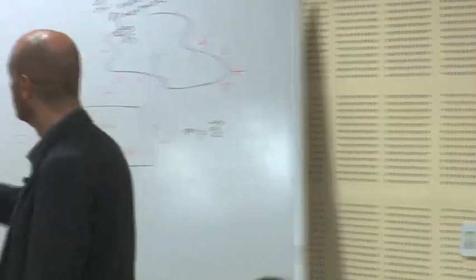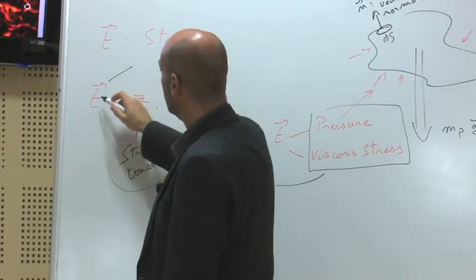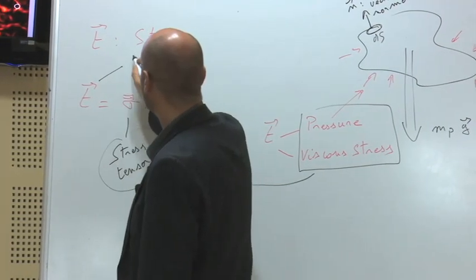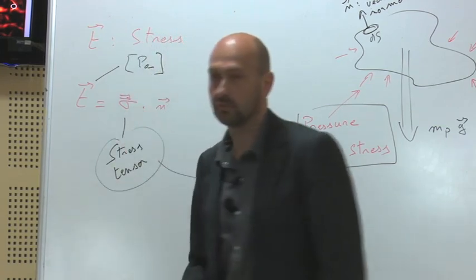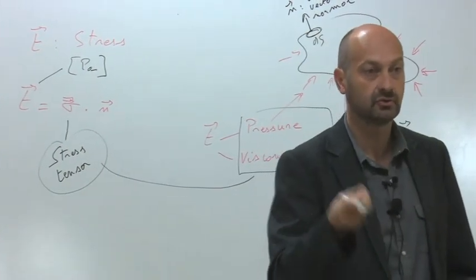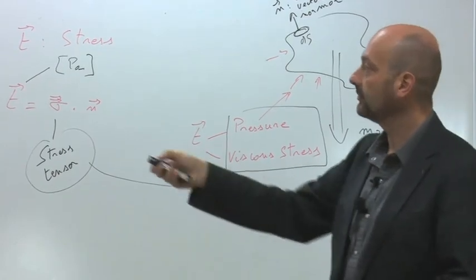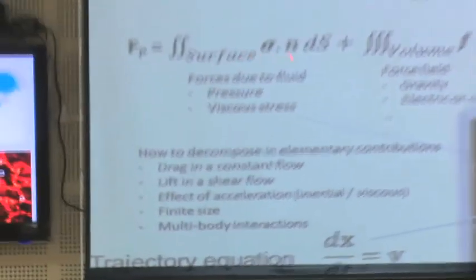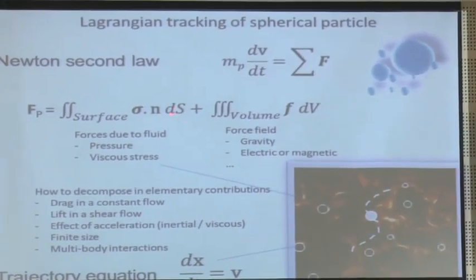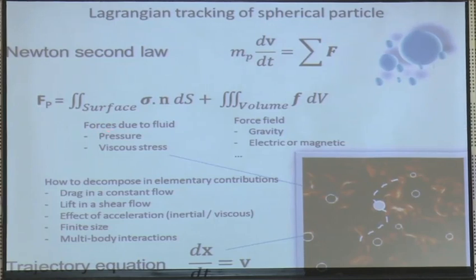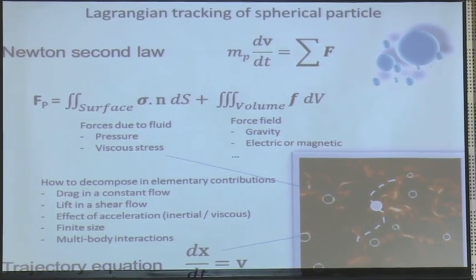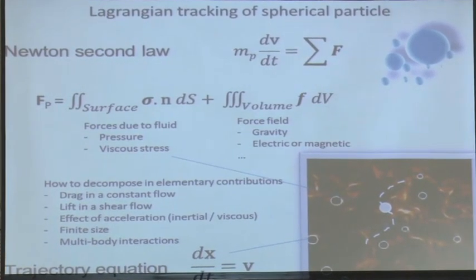T is in Pascal, so you have to multiply that by a surface to get the force. So this is the first contribution: the integral over the surface of the stress will give you all the forces due to the fluid which is flowing around the particle.